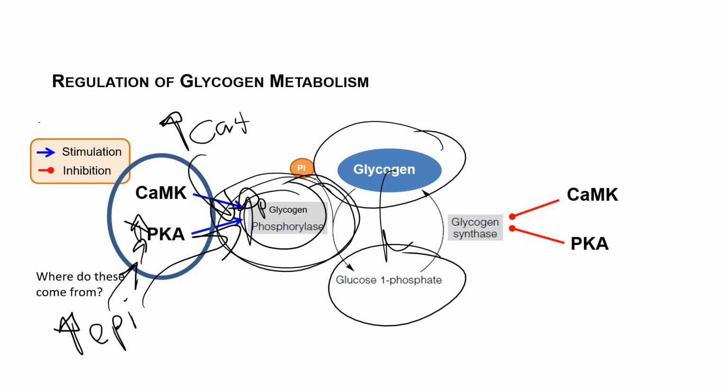And hopefully you also know that the reason that an increase in calcium within the skeletal muscle cell causes an increase in the activity of glycogen phosphorylase is because calcium binds with calmodulin. Calcium calmodulin activates calcium calmodulin dependent kinase, which then phosphorylates and activates glycogen phosphorylase.